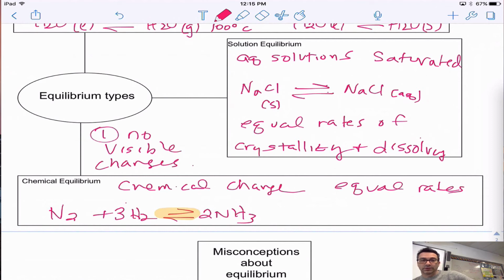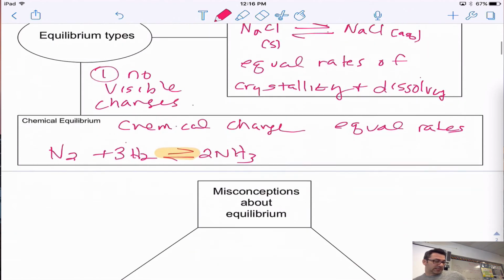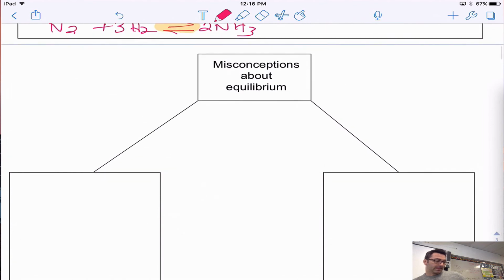And that's really important to keep in mind because people have misconceptions about that. So the first misconception that people have is that the reaction has stopped. And they think that it stopped because they don't see any changes occurring.